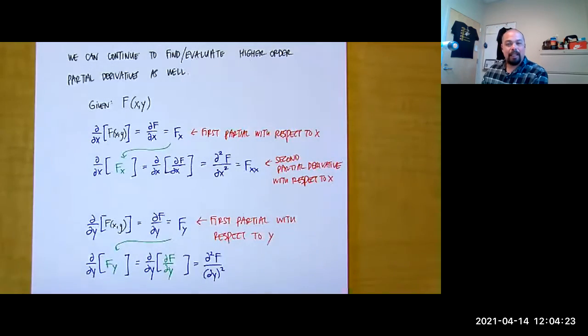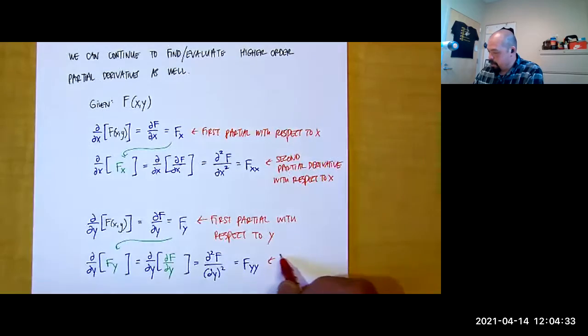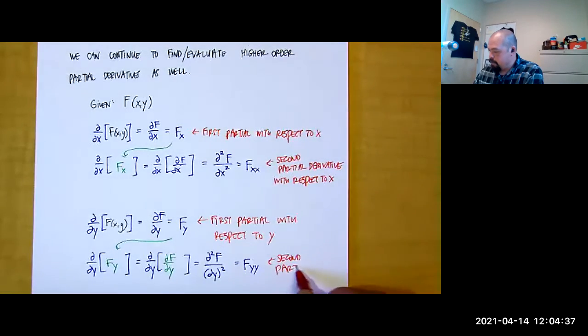I don't necessarily need the parentheses; more commonly, we don't. Okay, but here we're getting our f sub y. So there's our second partial with respect to y. Right? So we can find the first derivative, second derivative with respect to the same variable.